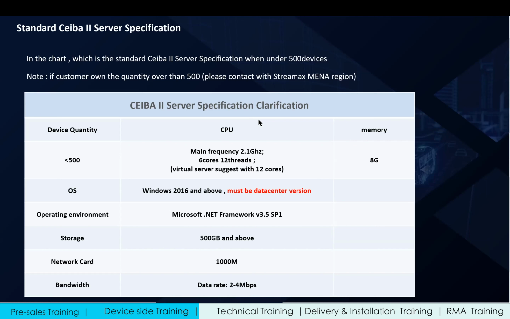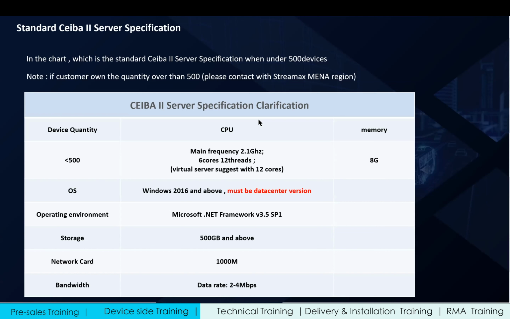So this is the server specification which is needed when the fleet quantity is under 500 devices: how much CPU, how much memory, what operating system at least, what storage capacity, and the bandwidth and network card requirements. Before we go with the project, the customer has to prepare the corresponding server specifications.